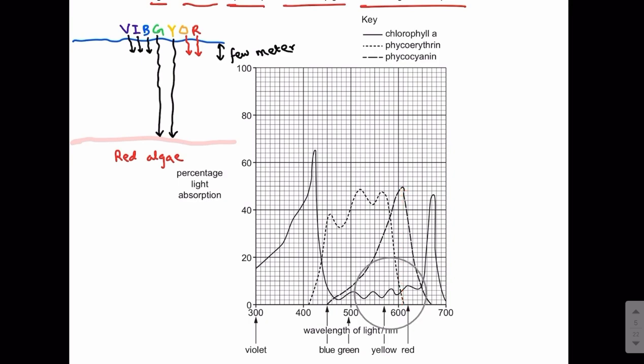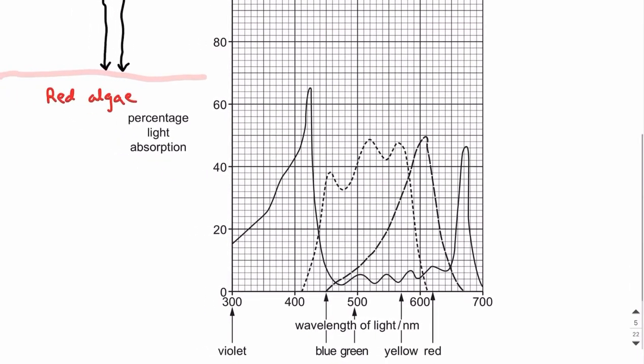So let's recall. If we talk about chlorophyll A, this is chlorophyll A. Chlorophyll A is absorbing best in which region? In violet blue region, right? And also in red region begins here, right? So chlorophyll A is absorbing best in red region and in blue region, right? Blue violet region.